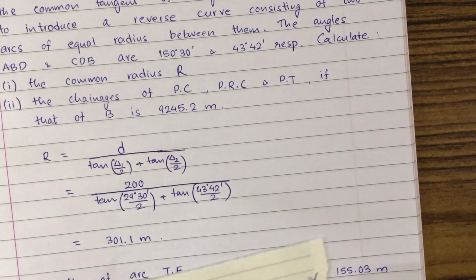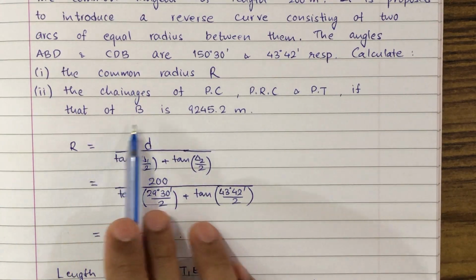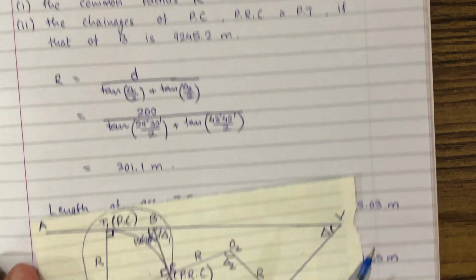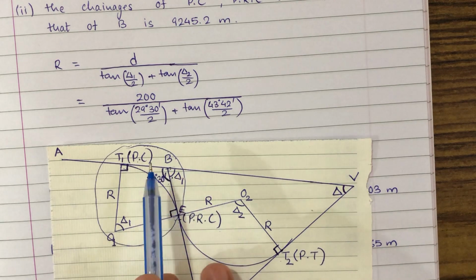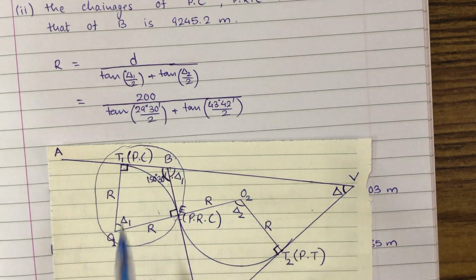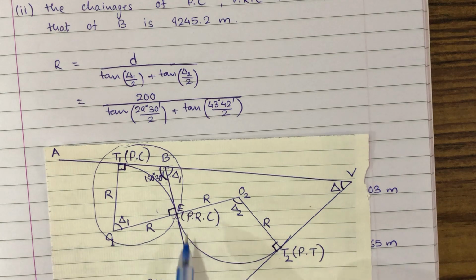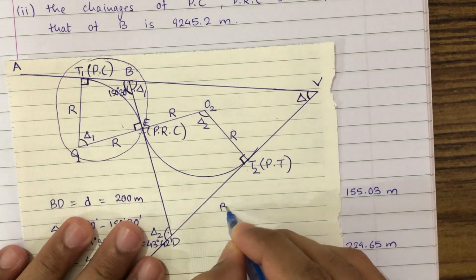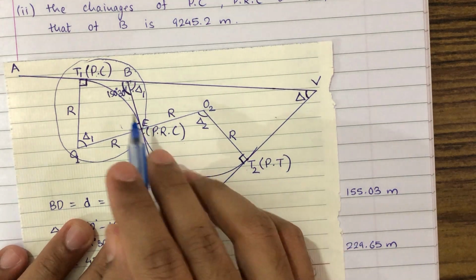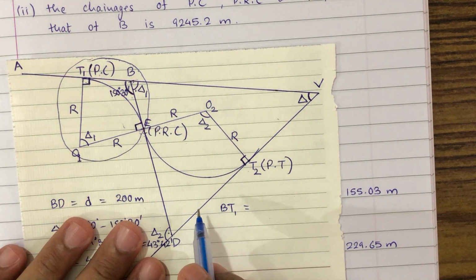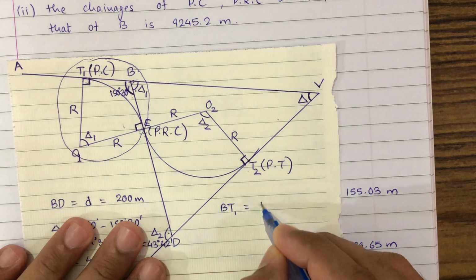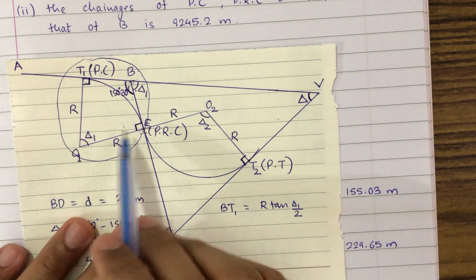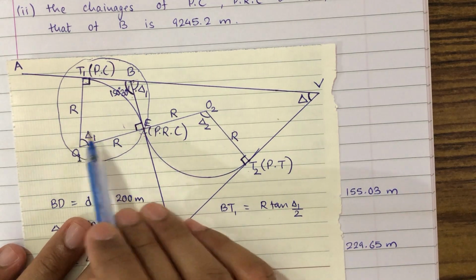Here the chainage of B is provided to us. Chainage of B is 9245.2. But the BT1 length is not given, that has to be determined. This length BT1 is the tangent length, and the formula for tangent length is r tan delta 1 by 2, because r is the radius and delta 1 is the central angle.